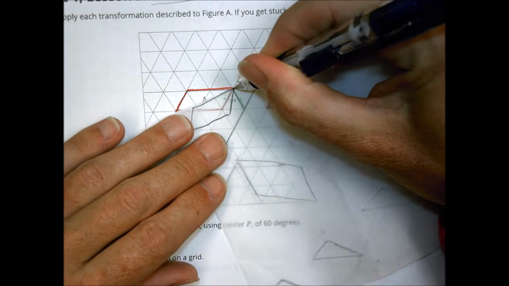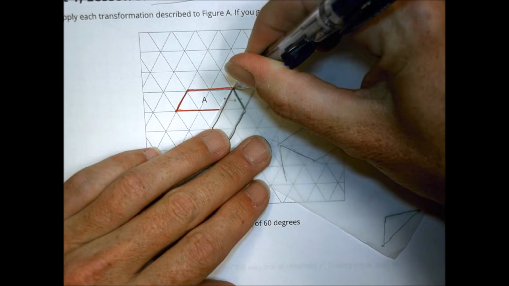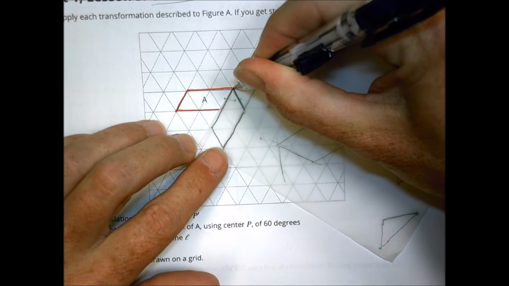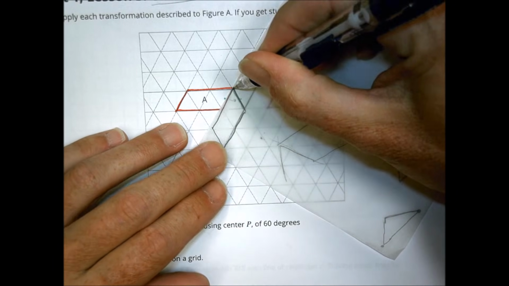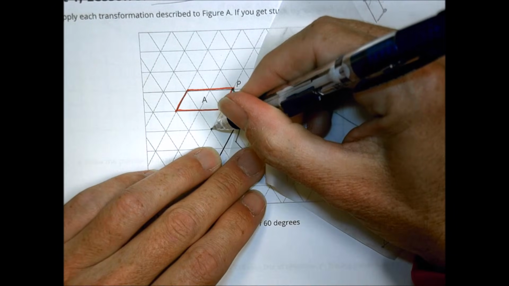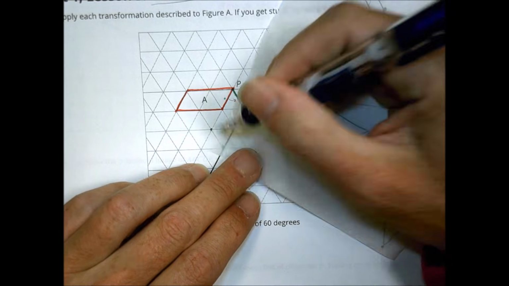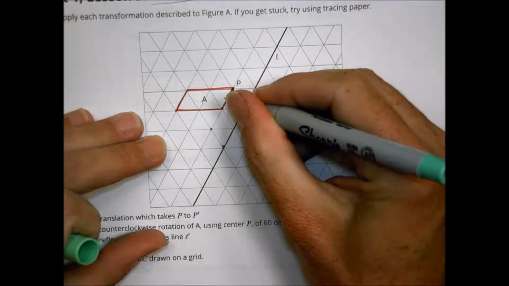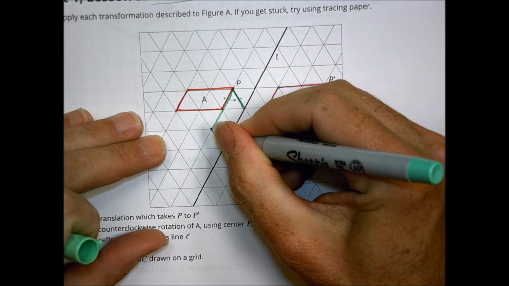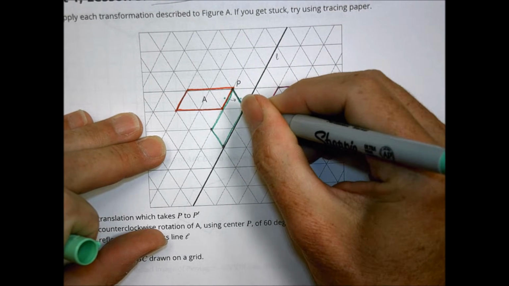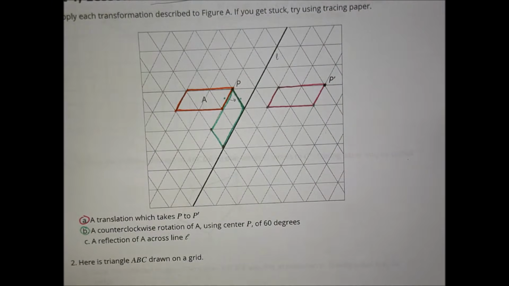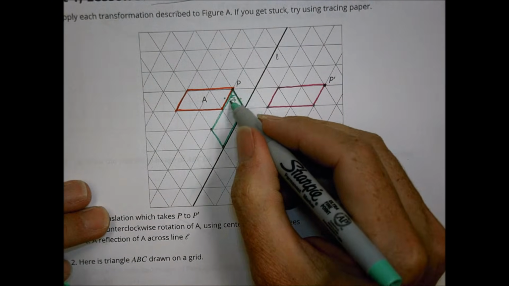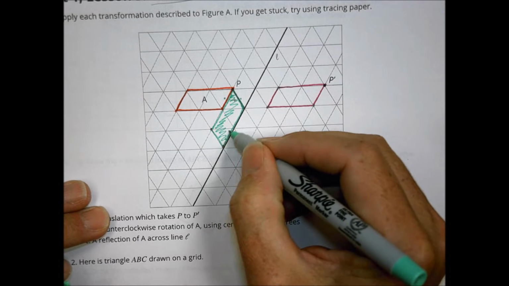If I rotate it 60 degrees, it's going to stop right there. That's my 60 degrees. It only moved one little equilateral triangle space. So I can put my points down to know where it's going to end up, and then I can come back and redraw that shape. So it's going to be here, here, and here. So that's the new shape for B, where I've just rotated it 60 degrees. Okay, so that's where it's at.